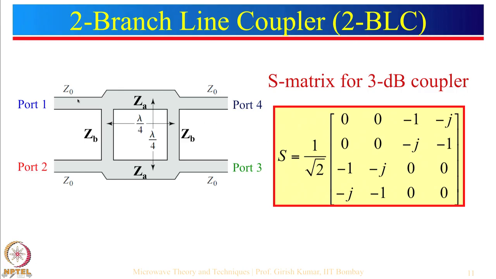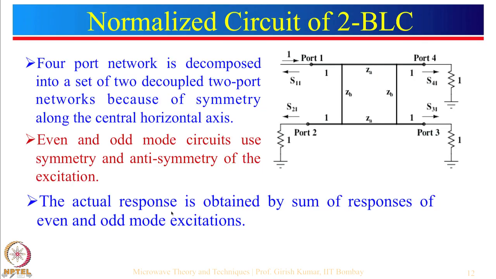The second time we think about feeding plus 1 and minus 1, which will be odd mode symmetry, and then take the average of the two. So plus 1 divided by 2 will be 1, and plus 1 minus 1 will be equal to 0 over here. That's the basic concept of even and odd mode analysis.